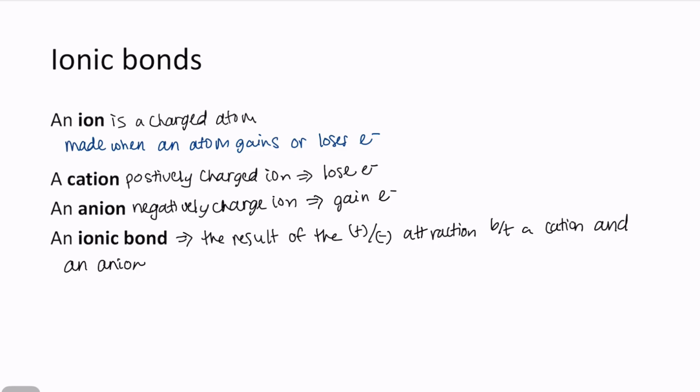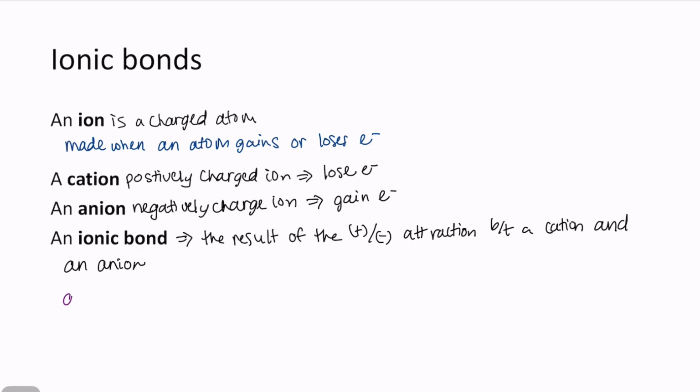So these compounds are held together by the positive negative attractive forces as a result of a transfer of electrons. Generally, the cation will transfer its electrons to the anion, which will make the cation positive and the anion negative, and those charges are what will hold the ionic bond together.